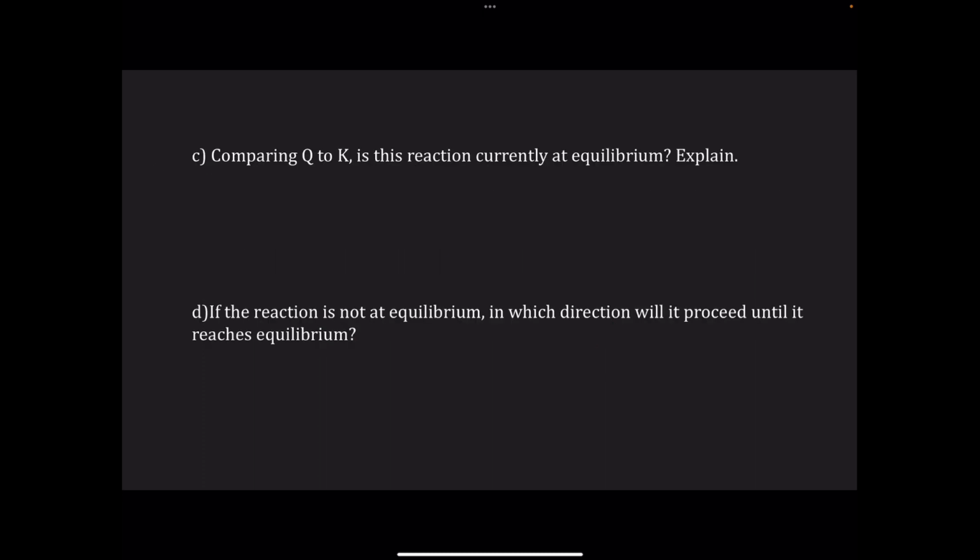So if we now compare Q to K, we want to determine if this reaction is currently at equilibrium. So our Q that we just determined was 1.1 times 10 to the negative 7th. Our K, we were told, was 4.18 times 10 to the negative 9th. These two values do not equal one another.